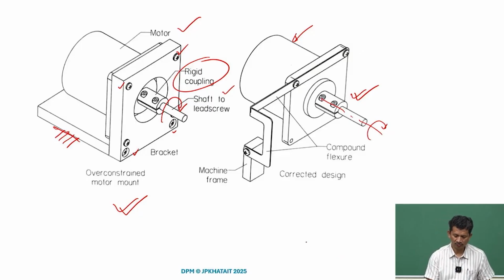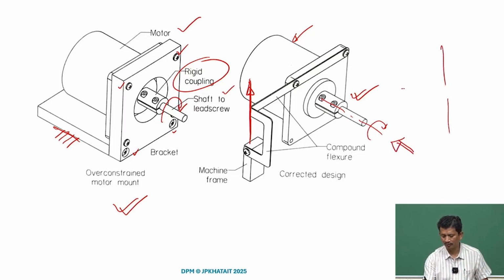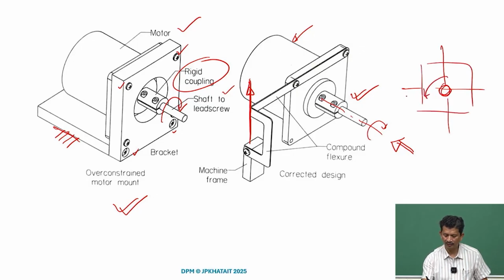In order to constrain, if you just provide a constraint along this line, suppose if I just look at it from this side, this is the shaft, okay, this may be the motor, so it tries to rotate. If I just constrain the frame along this direction, it will provide the sufficient reaction torque, and then the motor should be able to turn the lead screw.